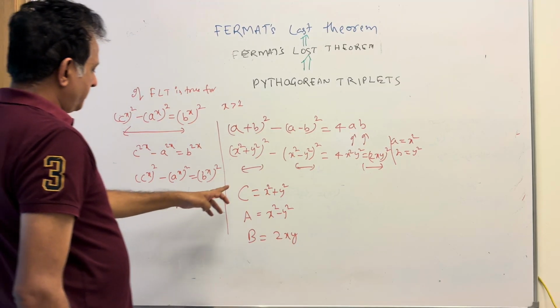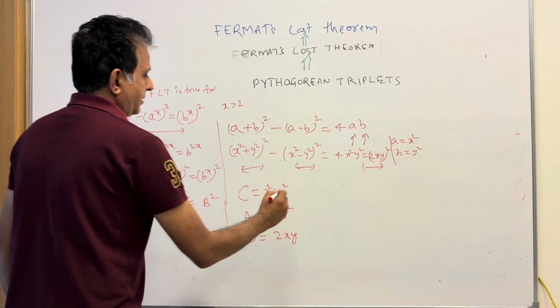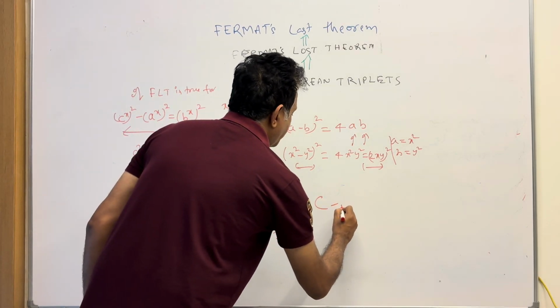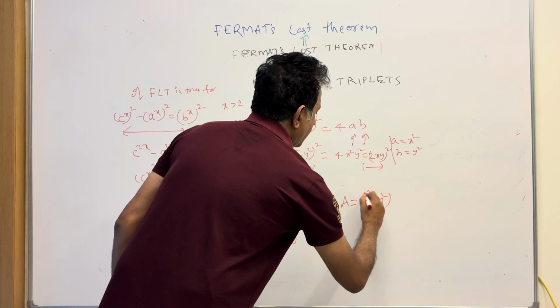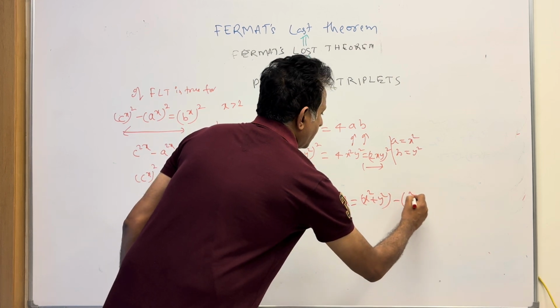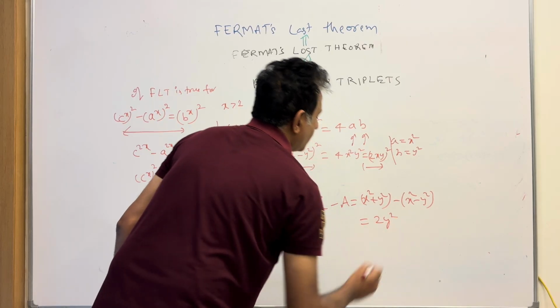Okay, so now what is c minus a? c minus a is equal to x square plus y square minus x square plus y square, that will be 2y square.